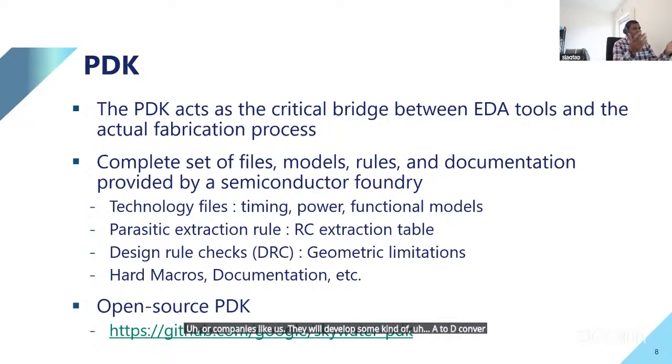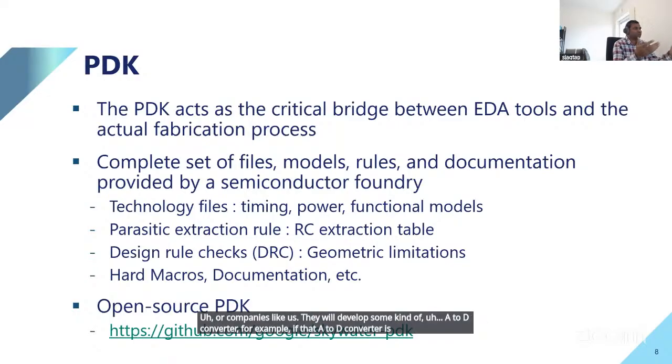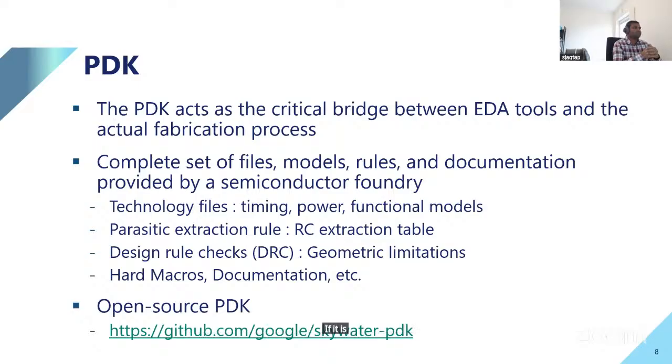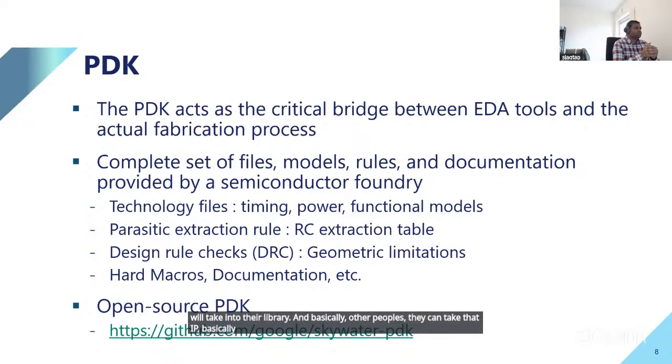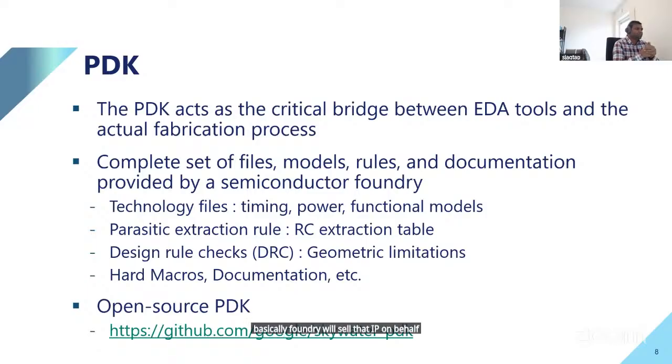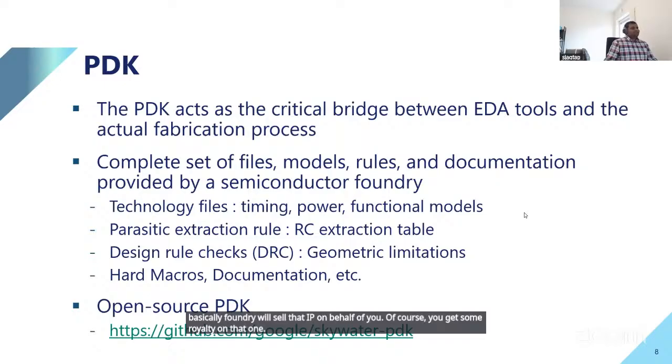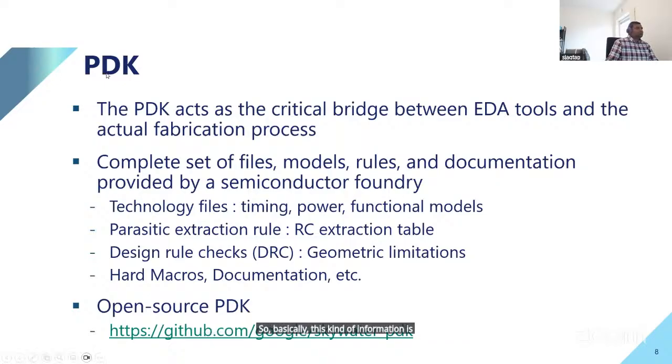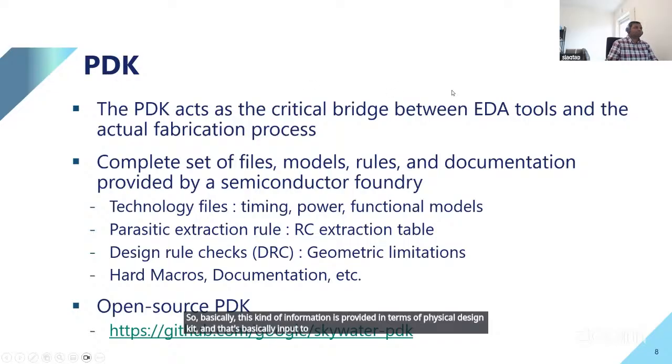If that A to D converter is designed using that foundry, is working fine, and is characterized, then the foundry will take it into their library, and other people can buy that IP. The foundry will sell that IP on your behalf, and of course you get some royalty on that. So this kind of information is provided in the physical design kit, and that's one of the inputs to EDA tools.